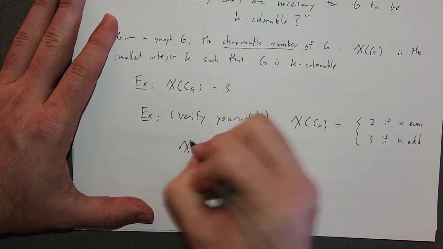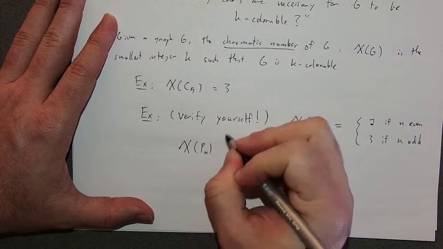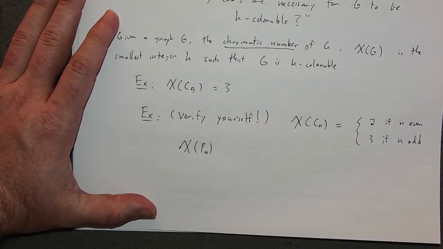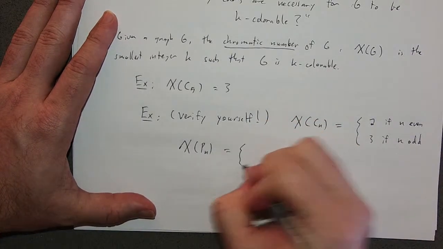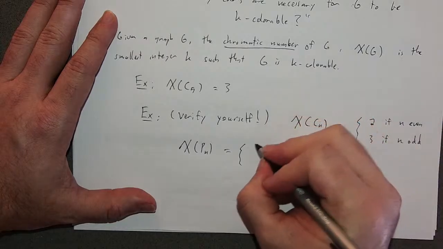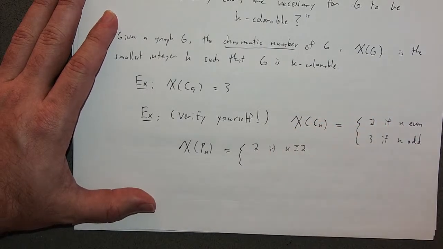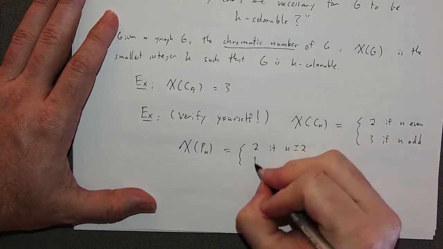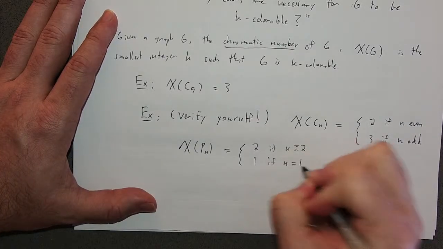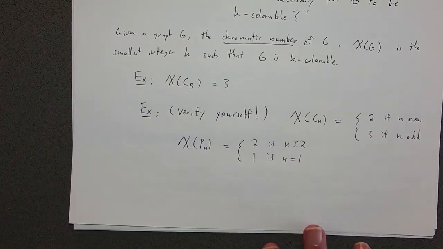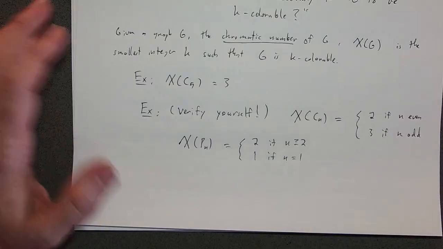What about paths? What is the chromatic number of a path? It is actually always 2 if you have at least 2 vertices, but it's 1 if you have 1 vertex. But the path on 1 vertex isn't super interesting.